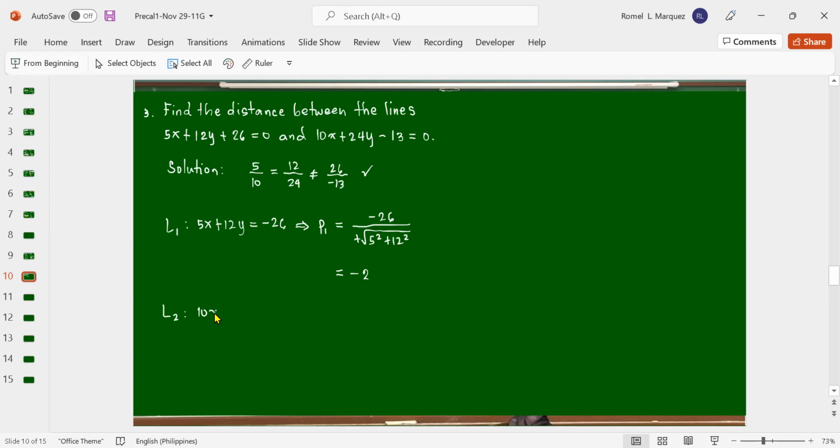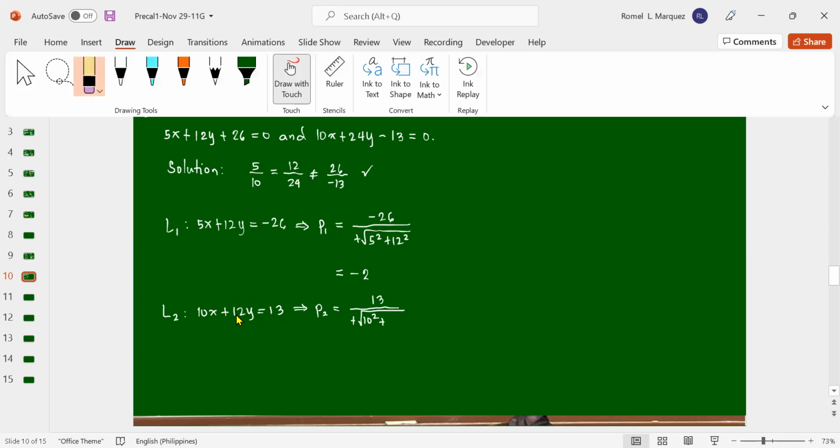We have 10x plus 24y minus 13 equals 0. What's the P for this? 13 over the positive radical, square root of 10 squared, so that is 100, and then this is 24.